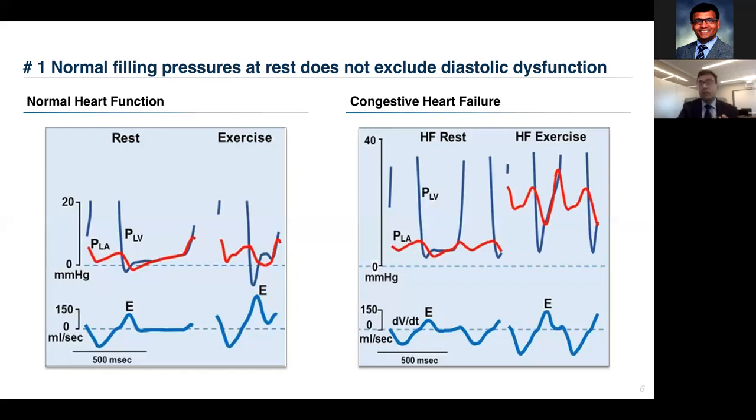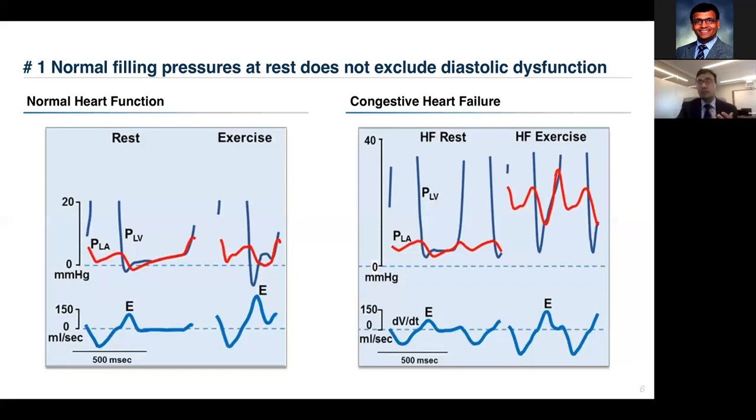And a stiffer ventricle also resists a recoil or a relaxation. And as a result of those reasons, as the cardiac output is increasing, transport can happen only if the left atrial pressure increases. So the left atrial pressure then rises up, forced to rise because of the milieu of diastolic dysfunction.